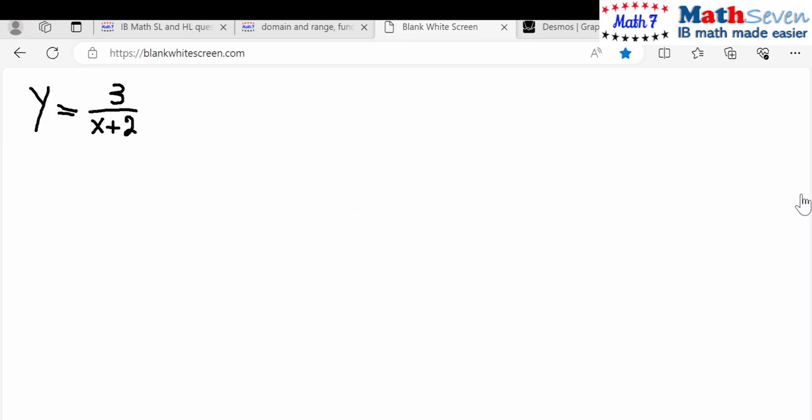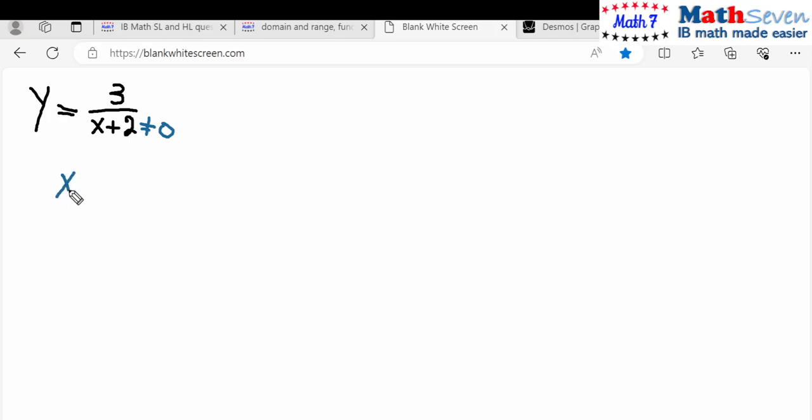So for this type of function, first of all, the common sense is that the denominator should not equal 0. So you have to find the value of x that makes the denominator equal to 0 and exclude it from your domain.